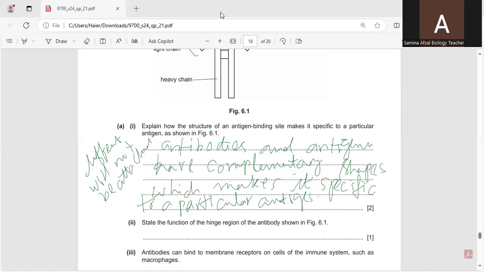State the function of the hinge region of the antibody. It produces flexibility for binding. It maintains flexibility.